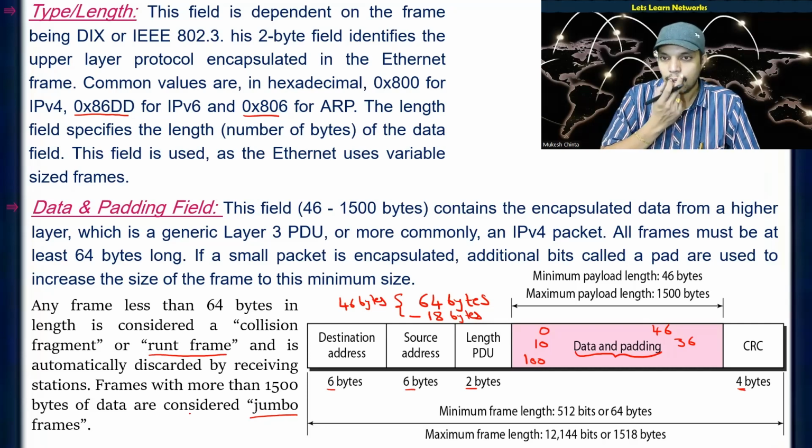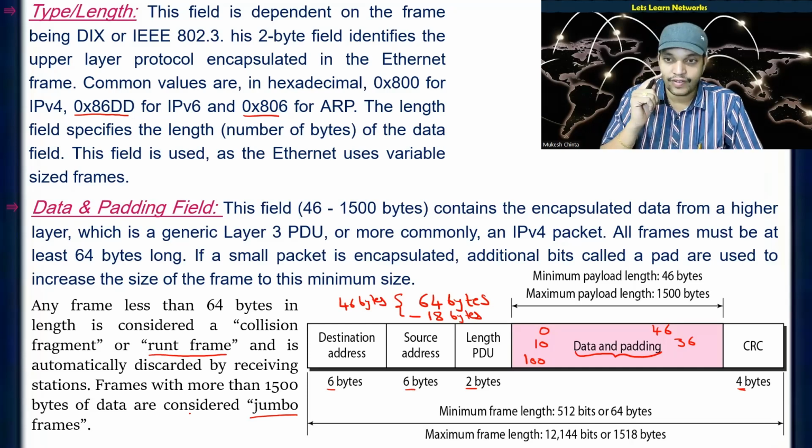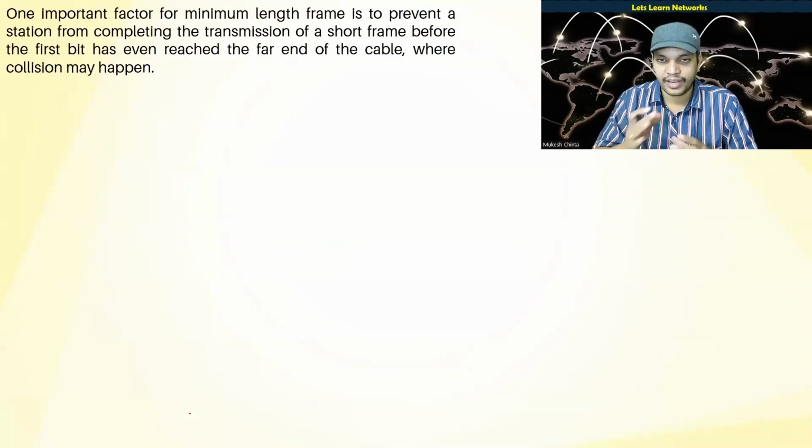Now, to answer my earlier question, why should I keep the minimum length as 64 bytes? What is the purpose? For this, you have to think about the CSMA/CD implementation of Ethernet or the MAC protocol, which is carrier sense multiple access with collision detection. If you remember the functioning of CSMA/CD, a station while transmitting has to listen to the medium also.